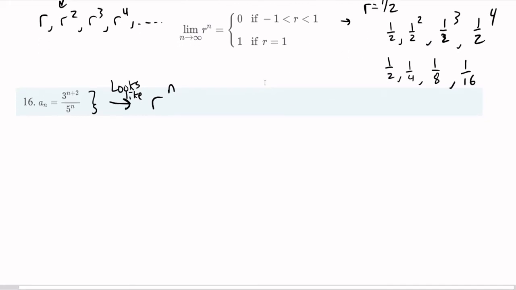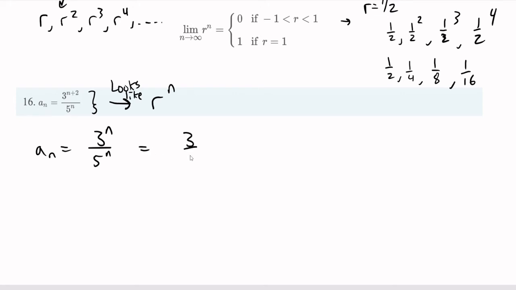So, okay, how do we do that? We need a number to just a single n power. Well, I see here a 5 to the n, that's good, but I don't see 3 to the n up here. If I could write it this way, I'd be really happy because I could combine this into 3 over 5 to the n. This is just using exponent rules.